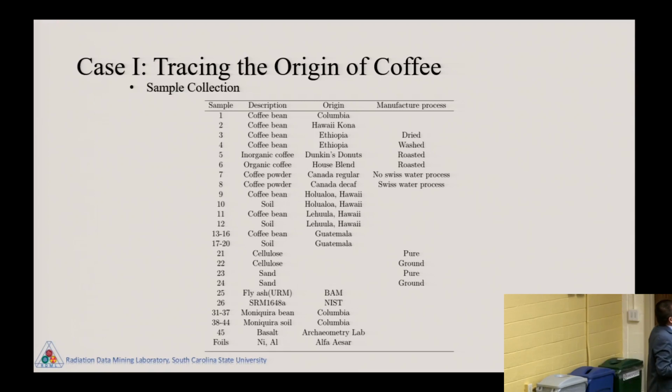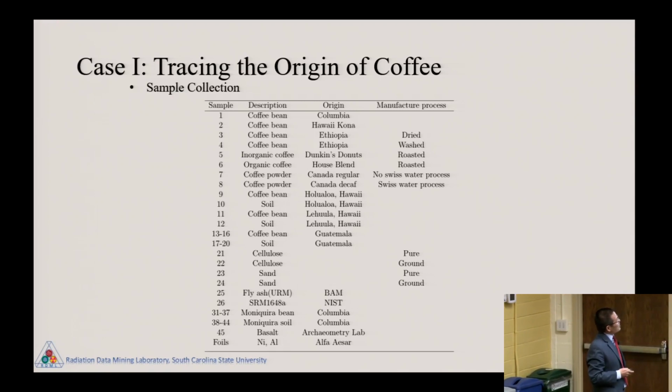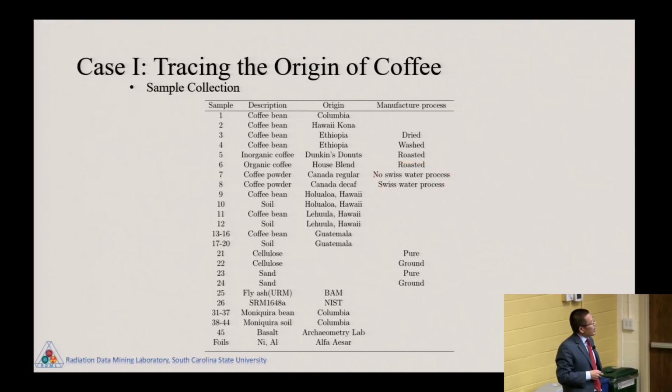And here are the samples we collected. Some samples are dry coffee beans, some are washed. Some coffee powder has the Swiss water process, some is low Swiss water. That process will produce decaf coffee.